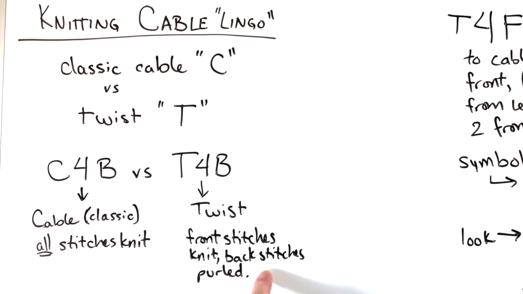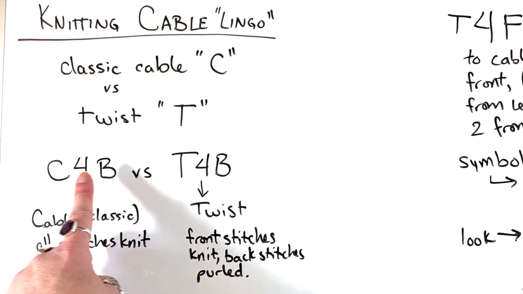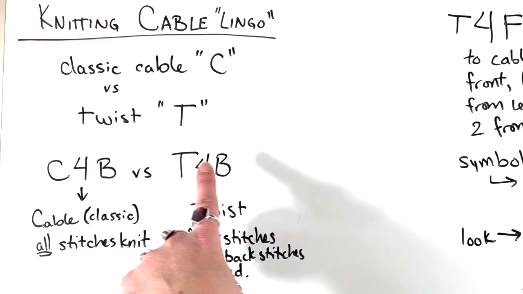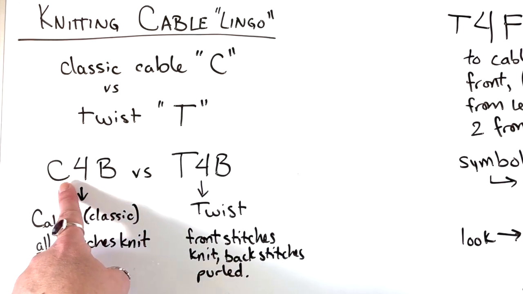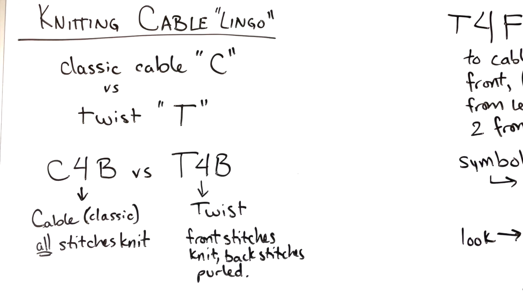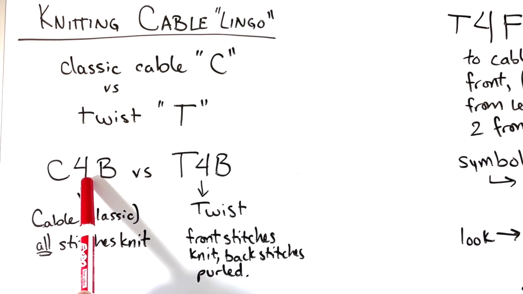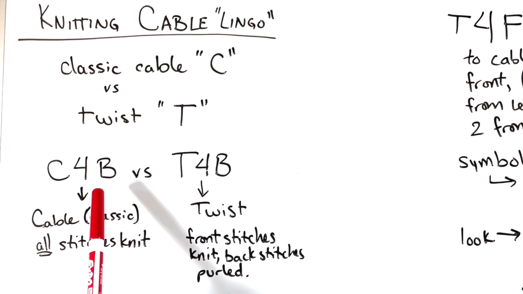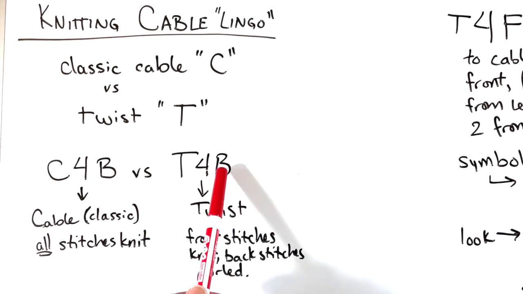Depending on the rest of the letters and numbers in your cable language, this will change whether it is the cable needle stitches or the left-hand needle stitches. So even though there's only one letter of difference between a C4B and a T4B, they will look different. For both of them, you take the total number of stitches in the cable, put half of them on the cable needle and hold them in back.